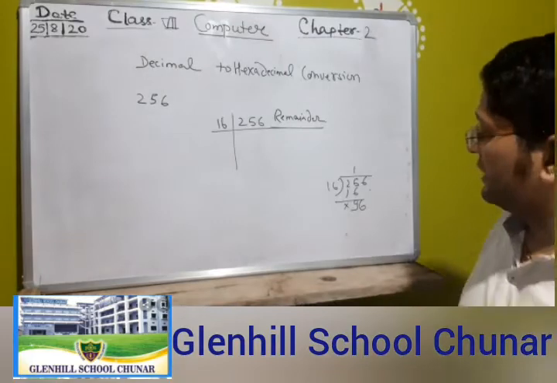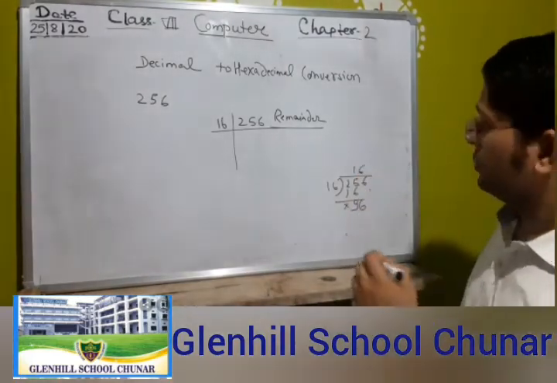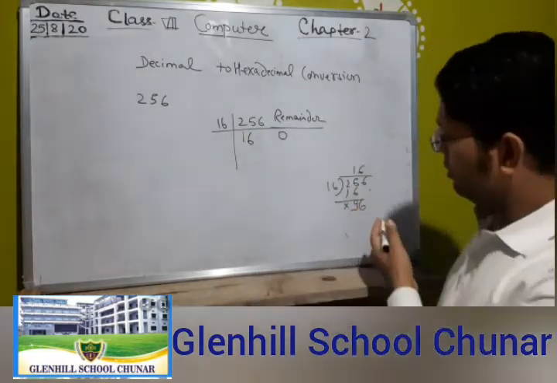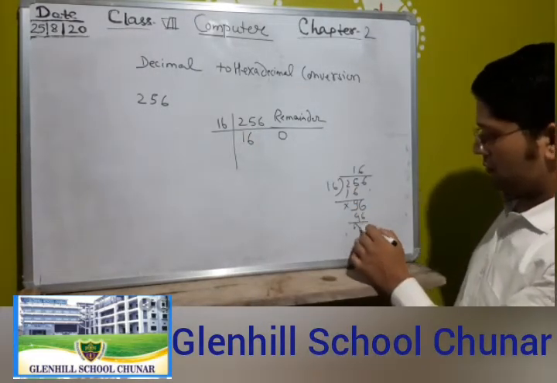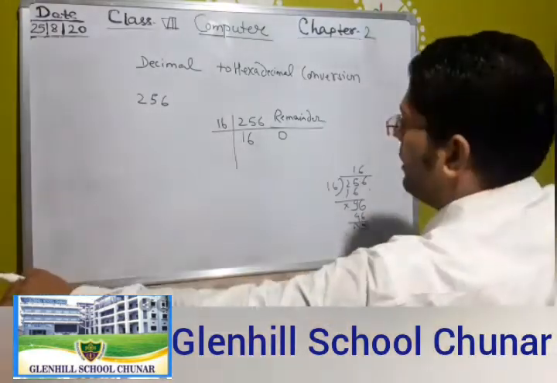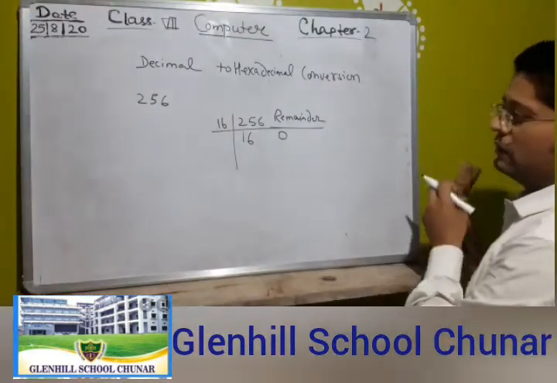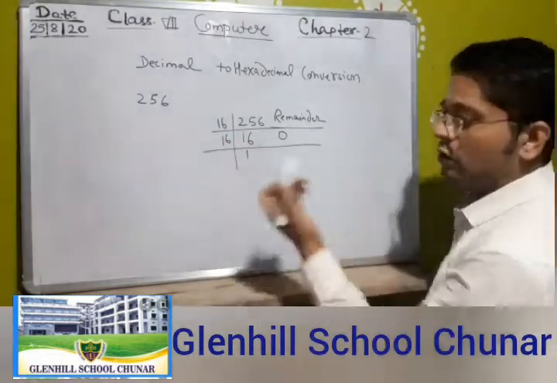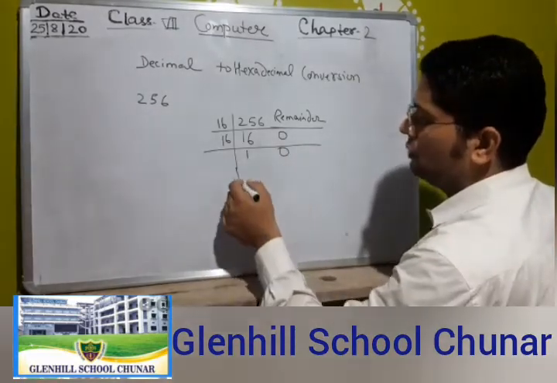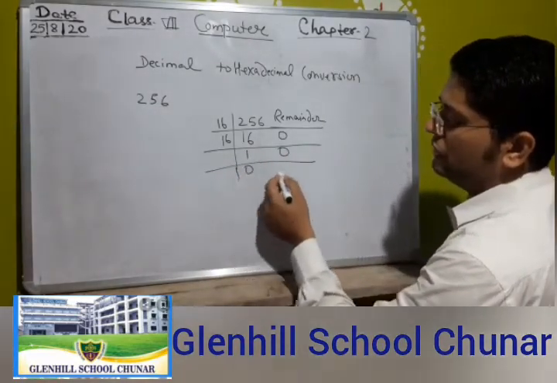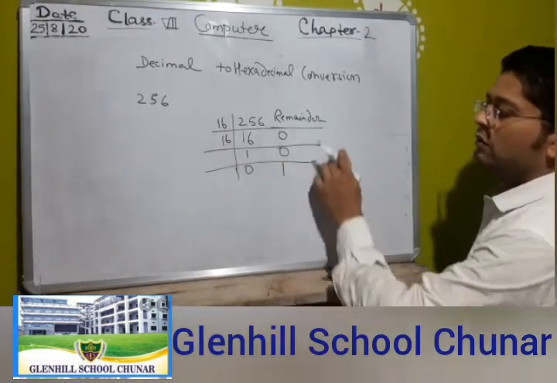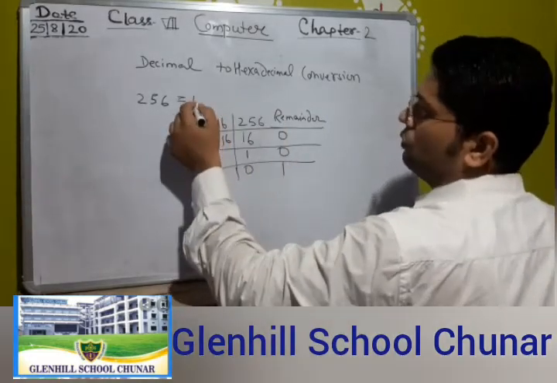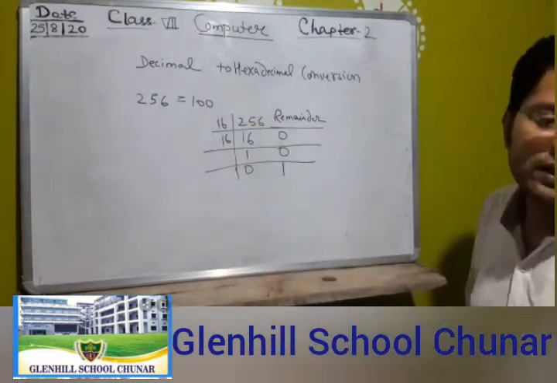Okay. And 16 6s are 96. So here no any remainder. Okay. So write the 0. No any remainder. And 16 1s are 16, no any remainder, so write the 0. And here 1, so write the 1. And this one transfer to here, so that's write down to up, so 1 0 0. Okay student, clear?